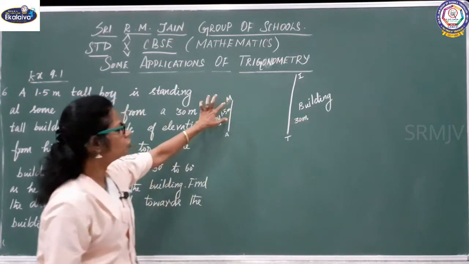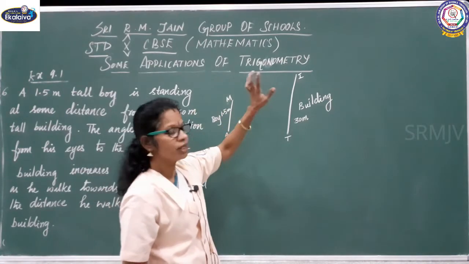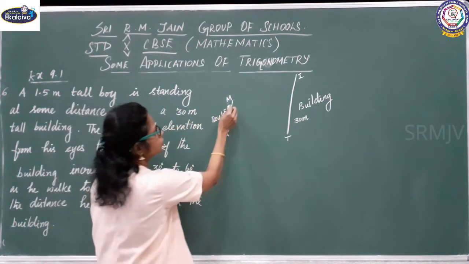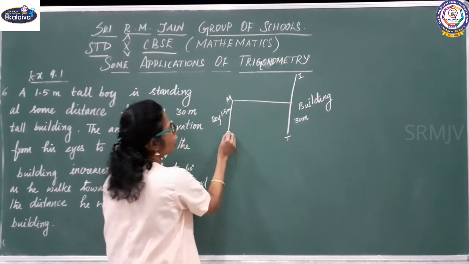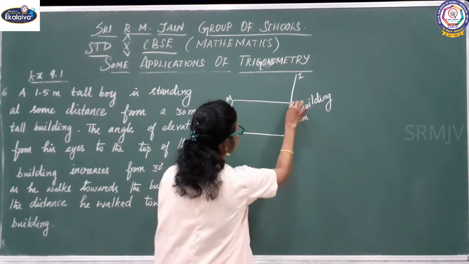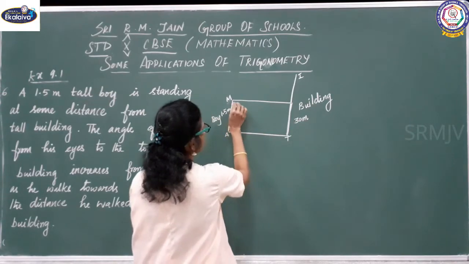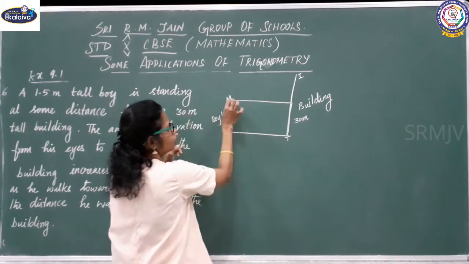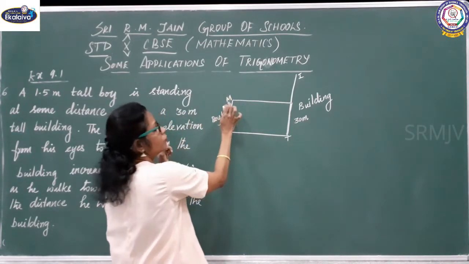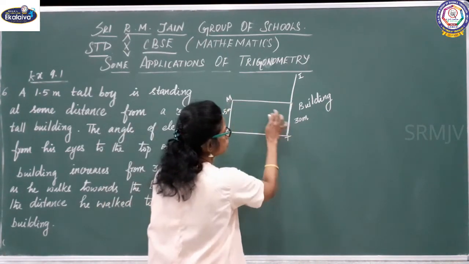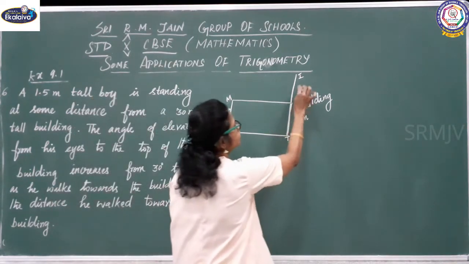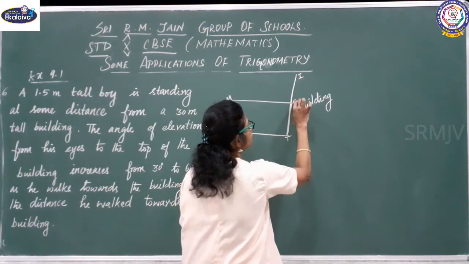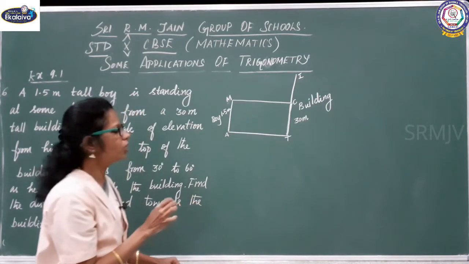A boy is going to see the top of the tower. So this is our horizontal line. Right, children? Now it looks like a rectangle. When you draw a line, this is the boy's eye, right? From the eye to the opposite side, when you draw a line, that is a horizontal line. Then you have to label it with some alphabet as C, right?